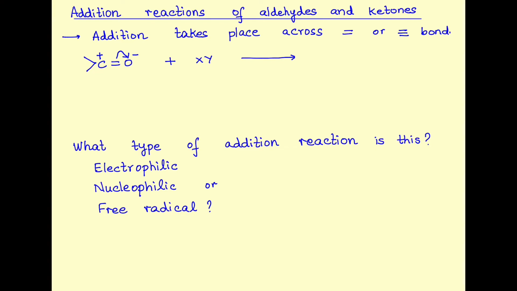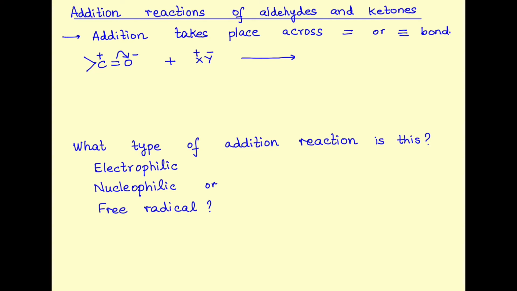Look at the reagent now, XY. It's a combination of an electrophile and a nucleophile. There are many examples that we are going to take up during the course of our lesson. So what will happen over here?